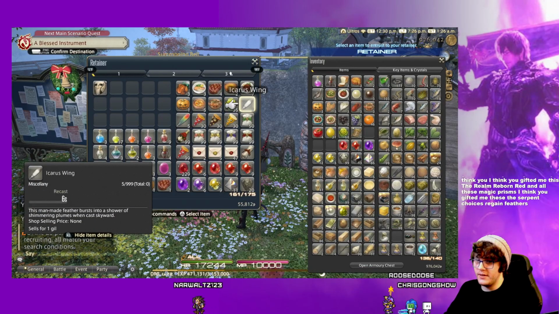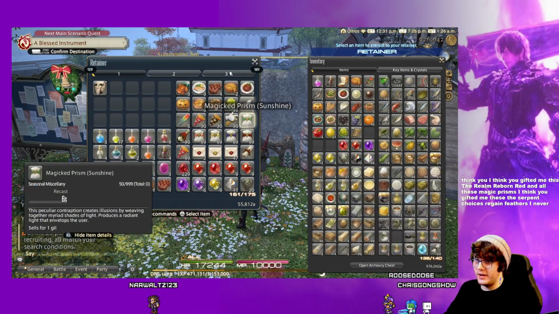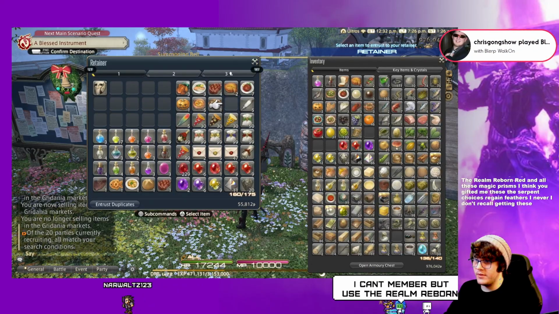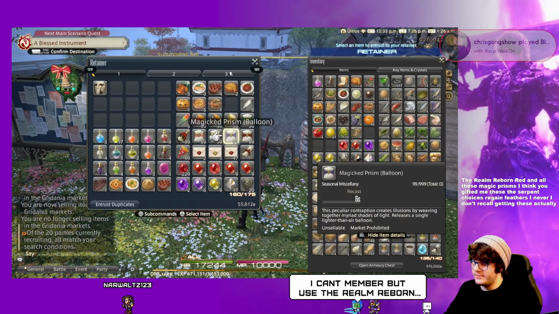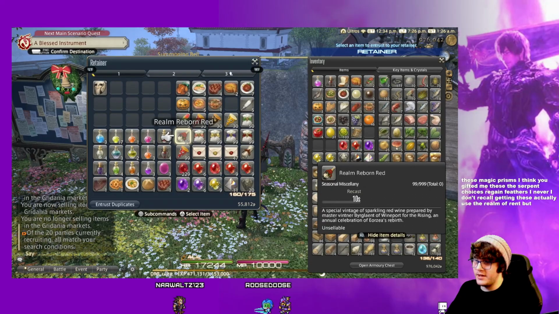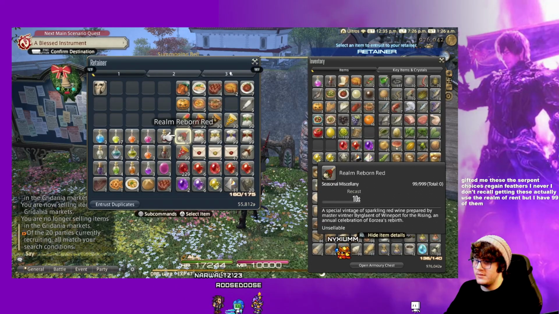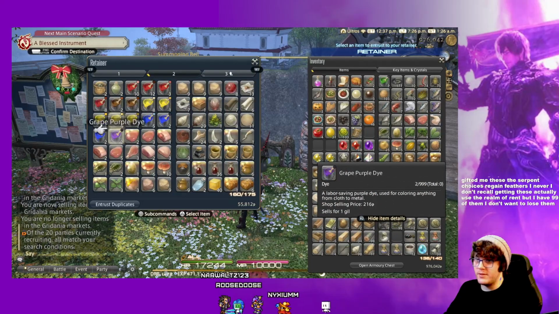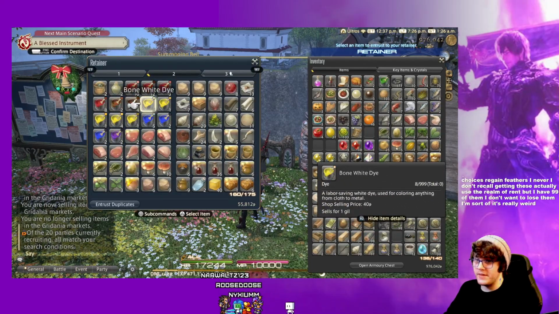I don't recall getting these. Close enough. Retrieve those, actually. Use the Realm Reborn Red, but I have 99 of them and I don't want to lose them. It's really weird how much I'm hoarding that crap.